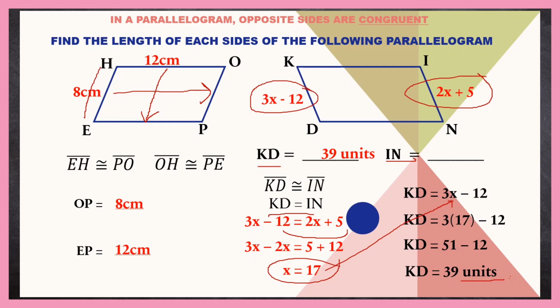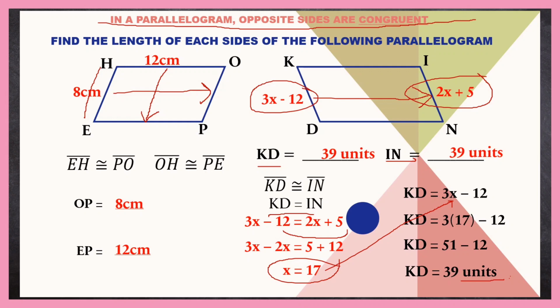So KD is congruent to IN. So it means no need to solve, just simply side IN is equal also to 39 units because of the property in a parallelogram, opposite sides are congruent.